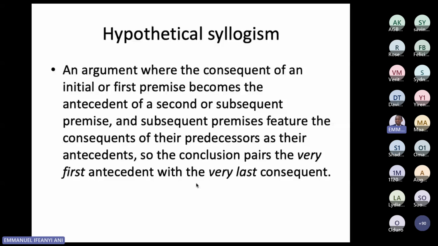Now we're going to look at the third kind of deductive reasoning. We call it the hypothetical syllogism. And then the fourth one will be the disjunctive syllogism. We're coming to that. A hypothetical syllogism is an argument where the consequent of an initial or first premise becomes the antecedent of a second or subsequent premise.